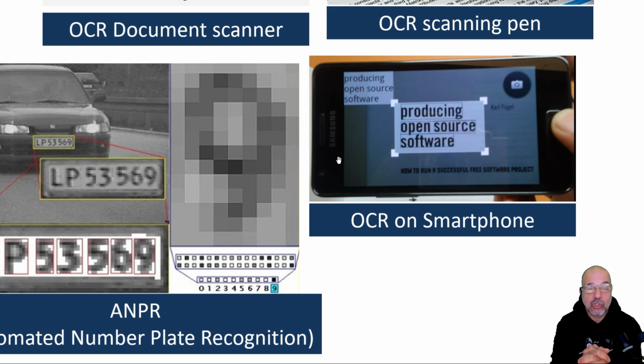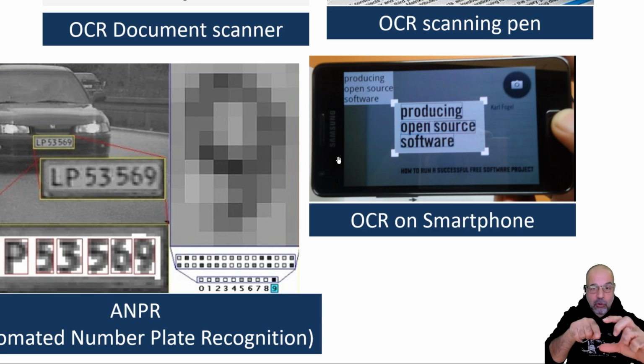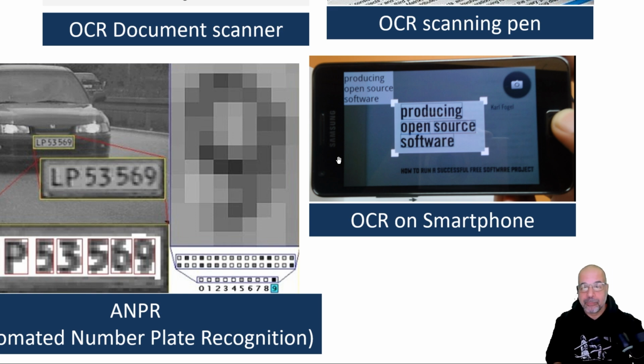I used to have a Japanese model car, and the screen on the radio was all in Japanese. I didn't know how to configure it. So I put a Japanese to English translator on my phone, and it was live. As I had my camera in front of the screen of my radio, on my phone it would actually show it in English, and I could then configure my stereo very easily and program the channels. So we've got OCR on smartphones.